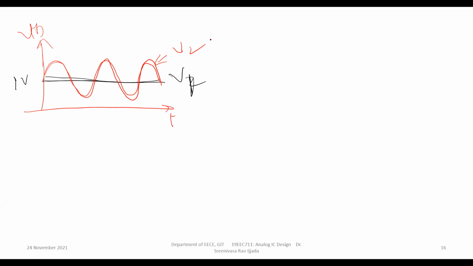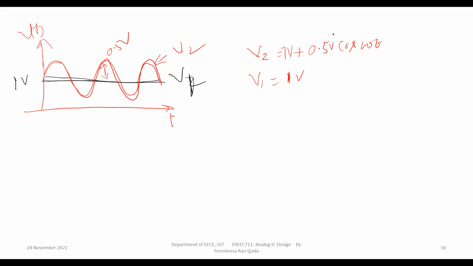Of course, this value is 0.5 volt. Then what is V2? V2 is 1 plus 0.5 cos omega t. What is V1? Only 1 volt. This is 1 volt.